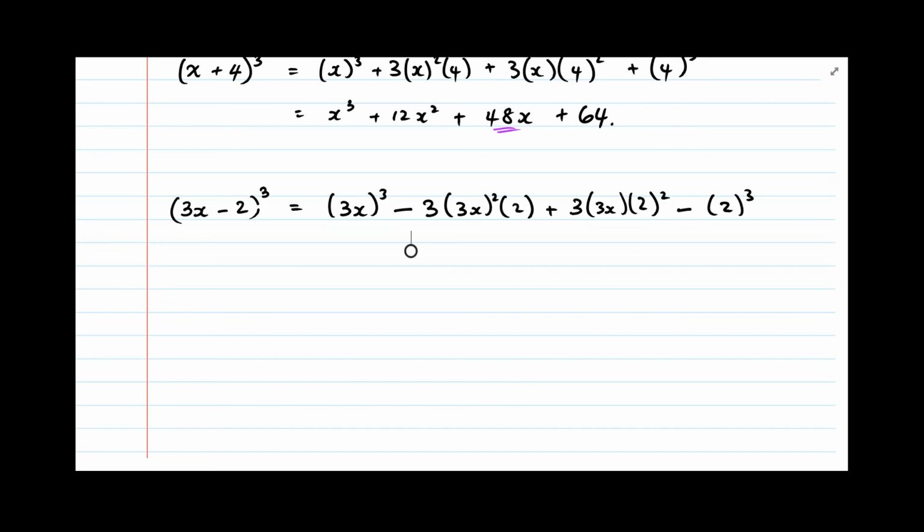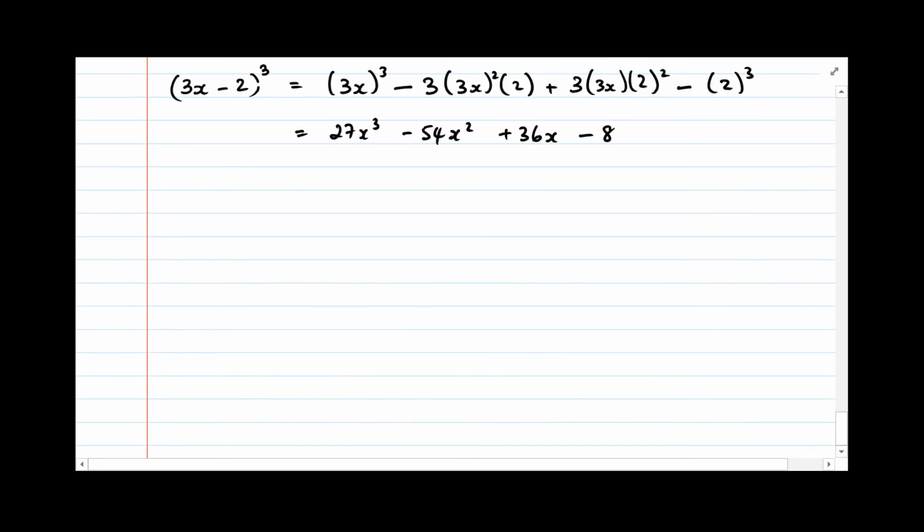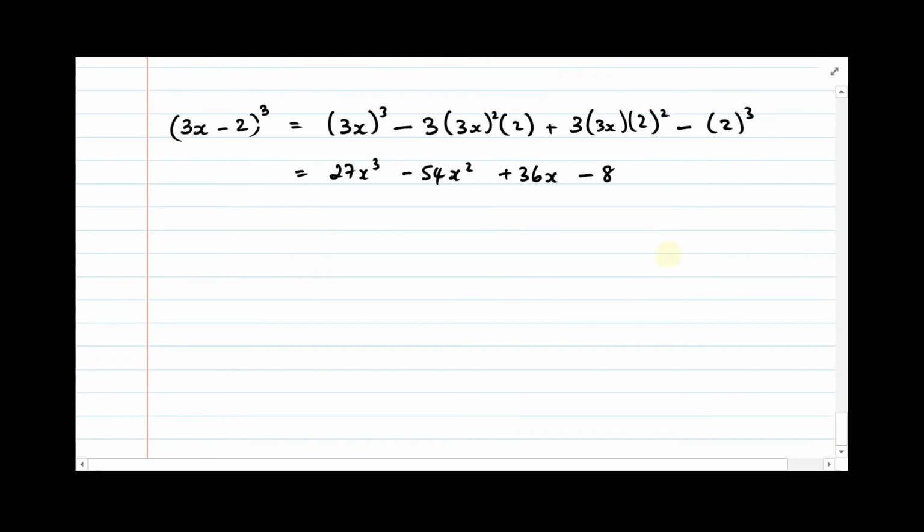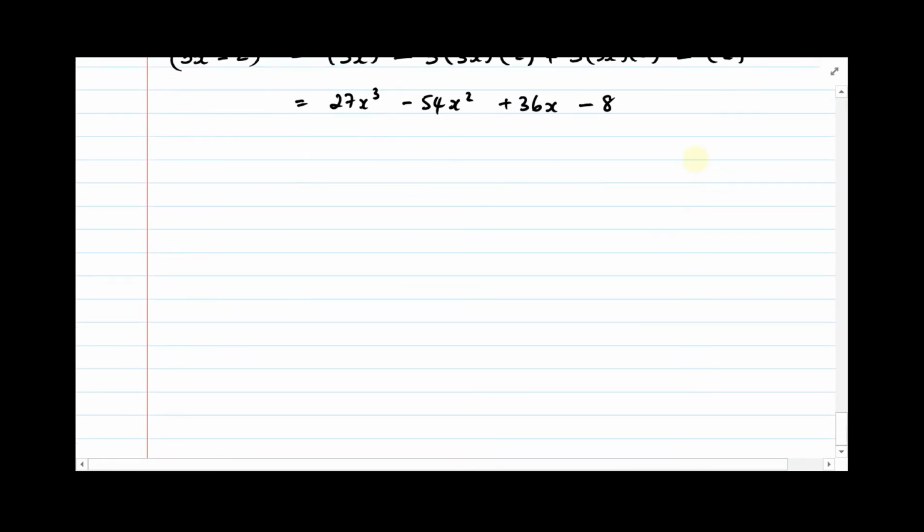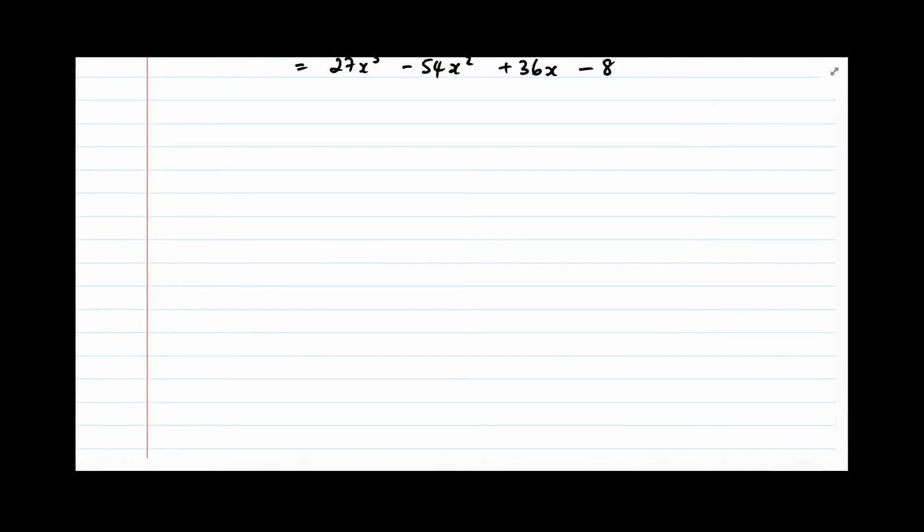That gives us the 4 terms. 3 cubed is 27, x cubed. 9 times 3 is 27, and 2, that's 54. 4 times 3 is 12. 12 times 3 is 36. And minus 3 cubed. Okay, keep practicing these products, and as I said, you should have lots of them in your exercises to look at.